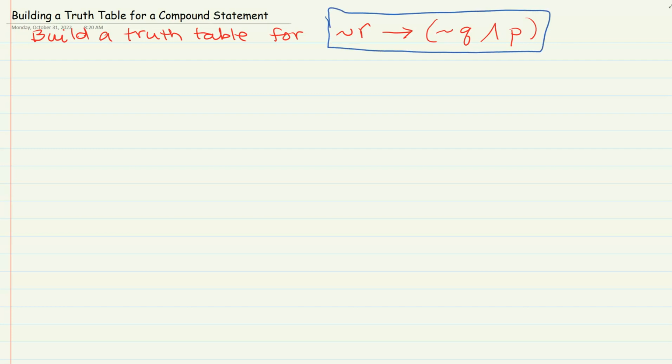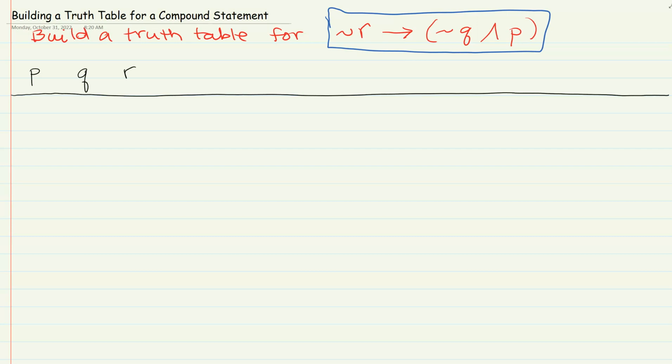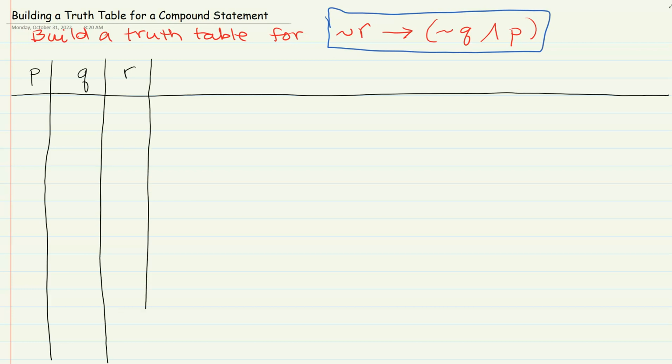When we look at this statement that we need to build a truth table for, the first thing we notice is that it has three simple statements: P, Q, and R. Before we proceed, we should think: each of them has two choices of truth value, because a statement can either be true or false.